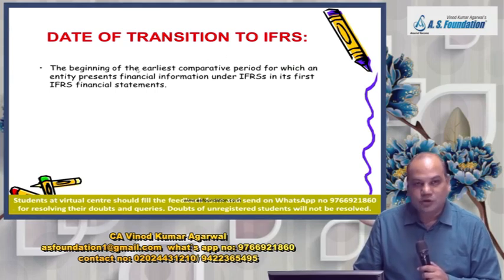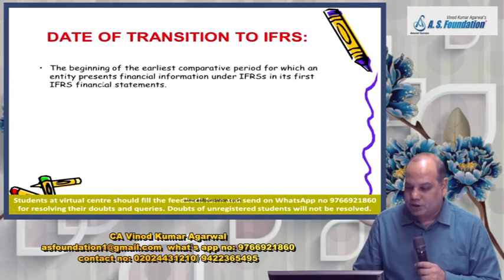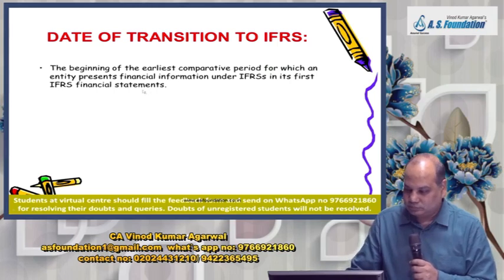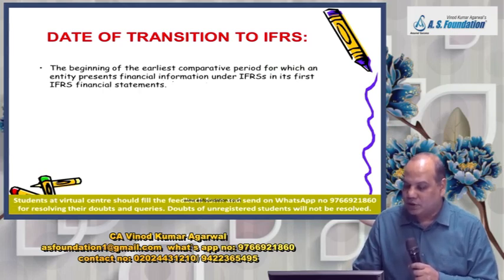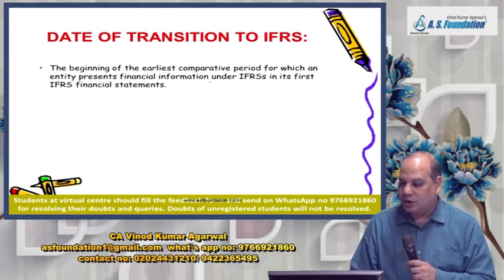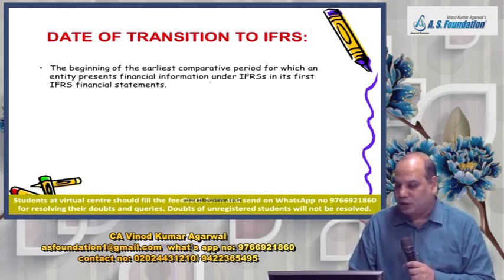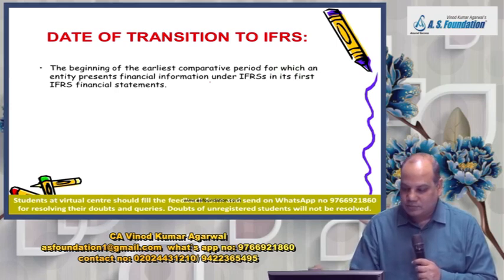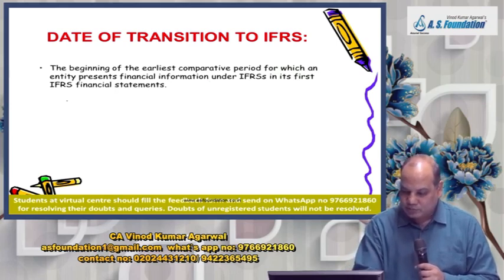The date of transition to IFRS means the beginning of the earliest comparative period for which an entity presents financial information under IFRS in its first IFRS financial statement. So how do you interpret this line?